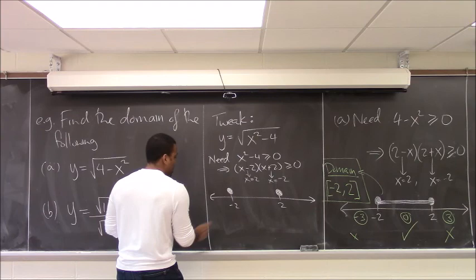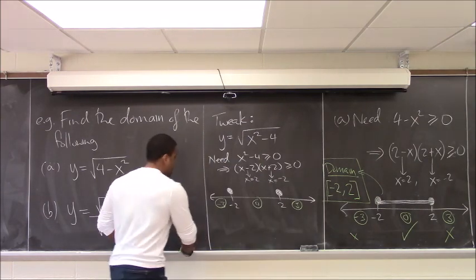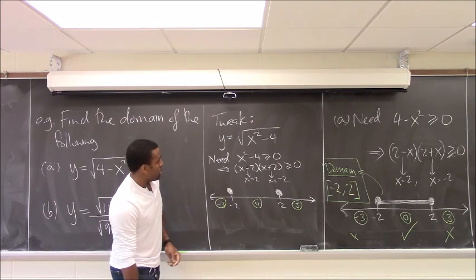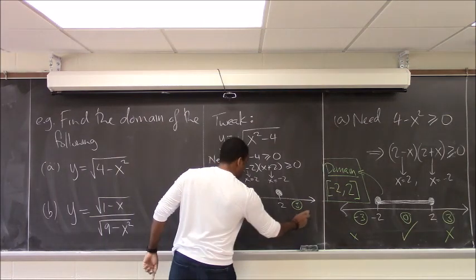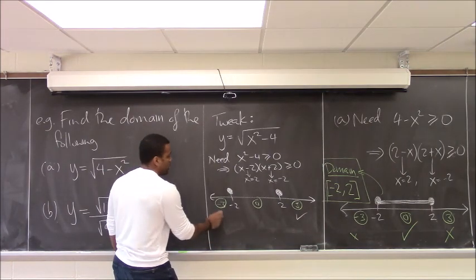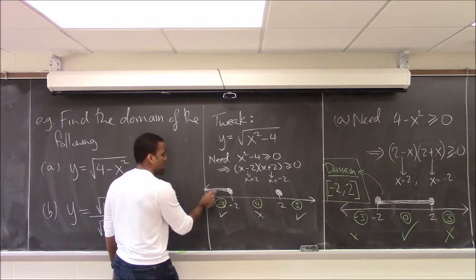But now when I plug in numbers like minus 3, 0, and 3, if I plug in a 3 here, I would get 9 minus 4. That actually would work. If I plug in a minus 3, that would work, and then this wouldn't work, and then over here would be the answer for that one.